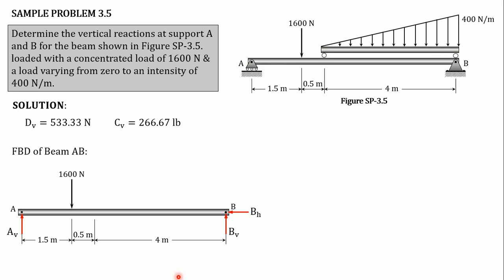So therefore, class, this is our C and this is our D. Due to the beam above AB, it will produce a downward force, because the one carrying the beam above is really beam AB.